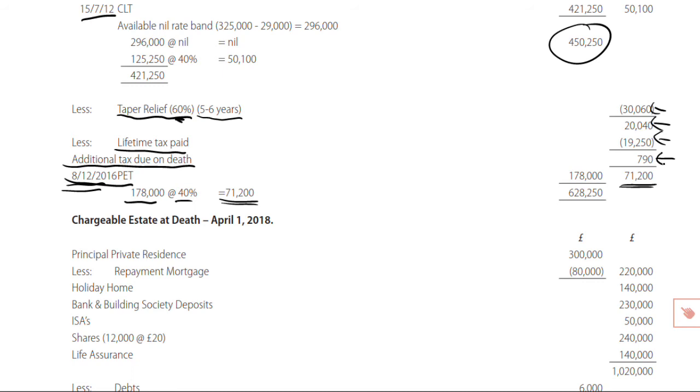That's a lot of tax to pay, so you better not spend it all until you know there is no tax to pay.